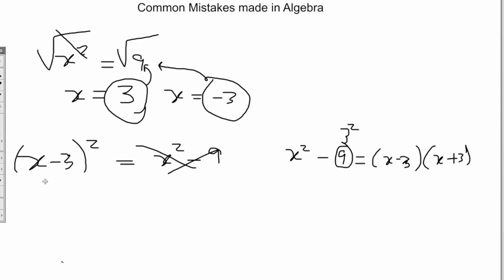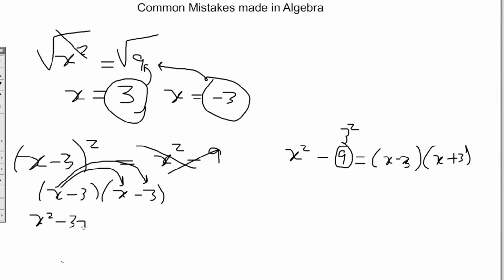X minus 3 all squared is x minus 3 times x minus 3, and then we expand. So expanding this, what do we have? I multiply x times x, that will give me x squared. And then I multiply x times minus 3, that gives me minus 3x.